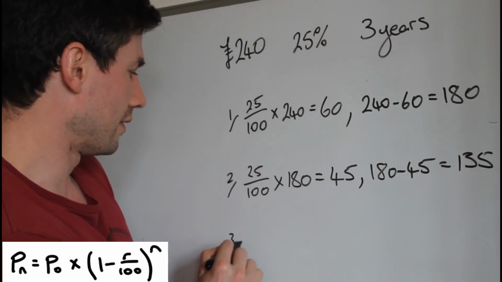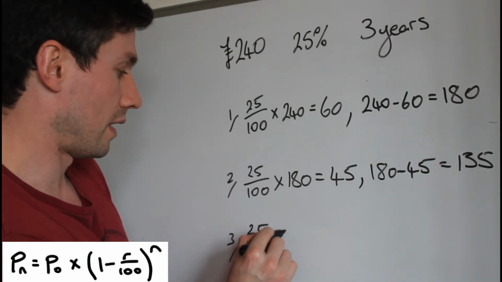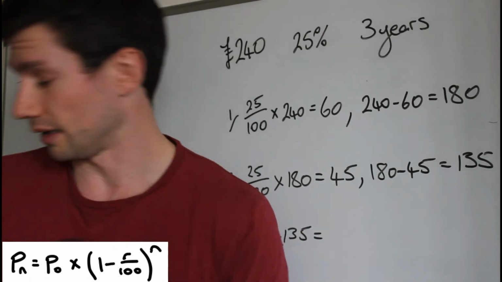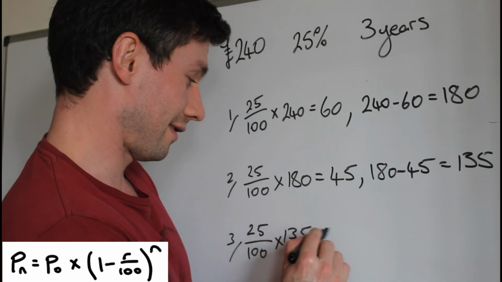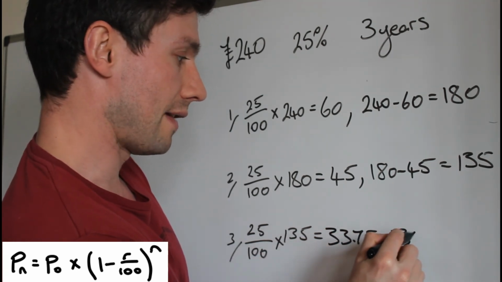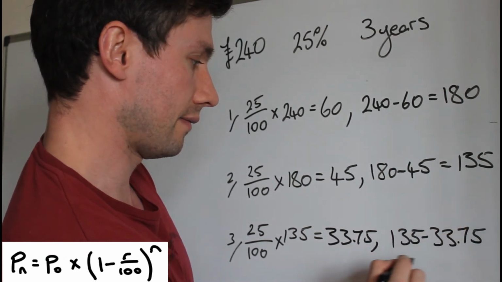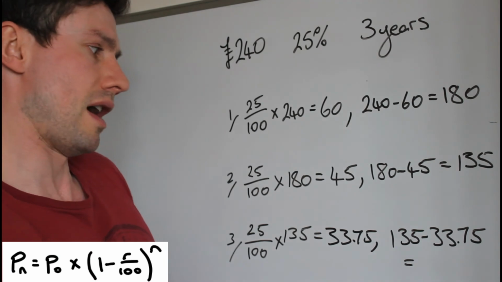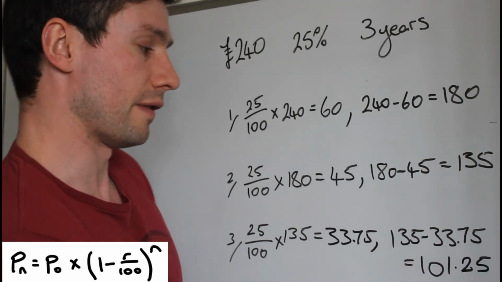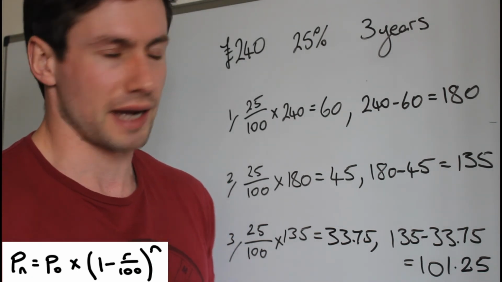And in our third year, we would work out 25% of 135, which is, calculator, 33.75. We would then take this away from 135 to give us a final answer of £101.25.